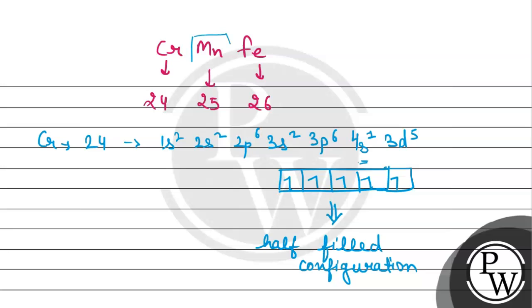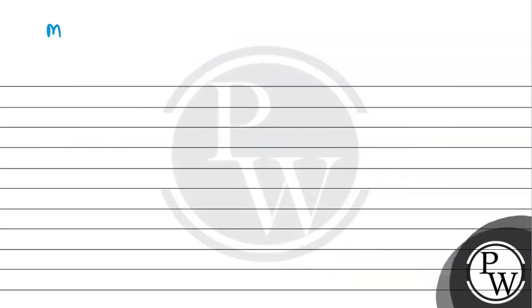For manganese, we have 25 electrons present. If we write the electronic configuration for the same, then it will be 1s2, 2s2, 2p6, 3s2, 3p6, 4s2 and 3d5.